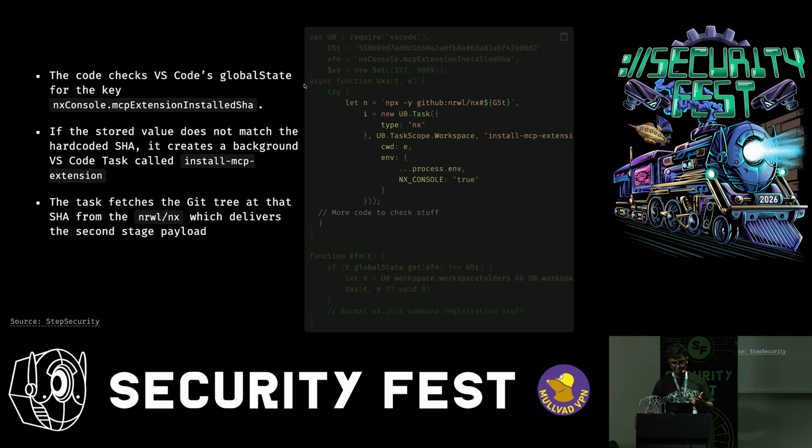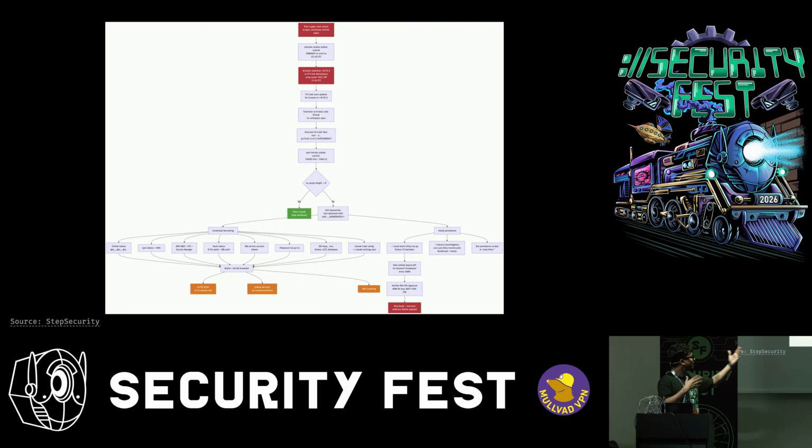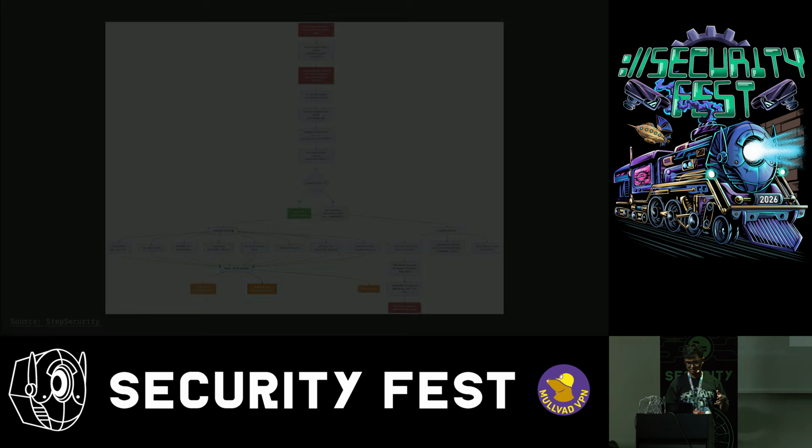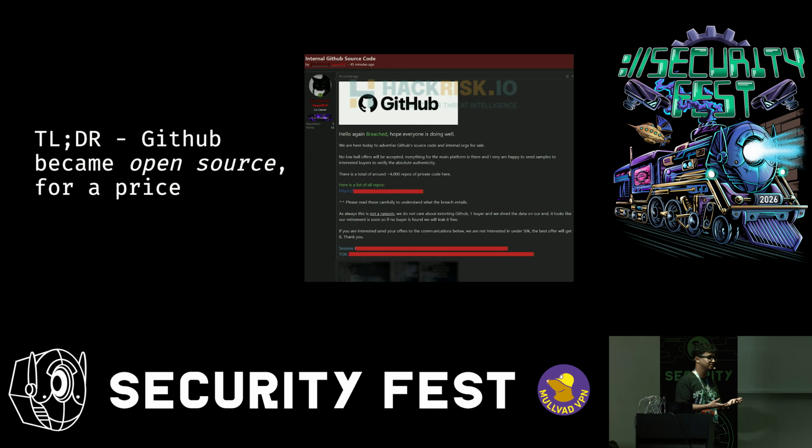But if you look very carefully here, it was fetching the orphaned commit which they had previously pushed, and that had the next stage payload. It's a big complicated graph, right? They do a lot of things. But the long and short is, for a very brief instant, GitHub became truly open source against their will. So again, we see VS Code being used to deliver malware.